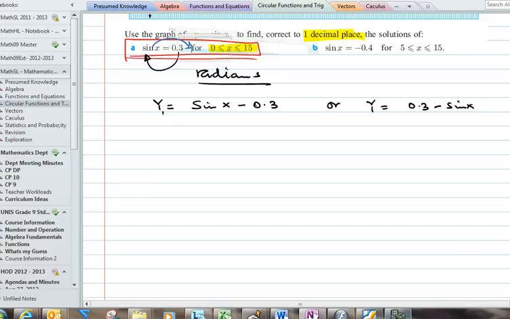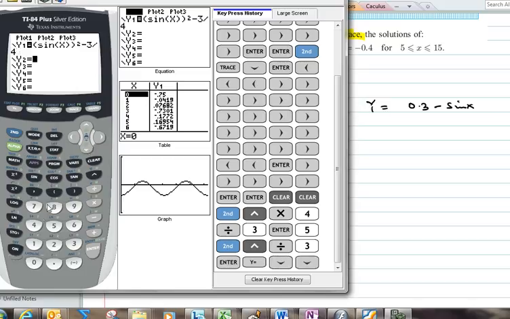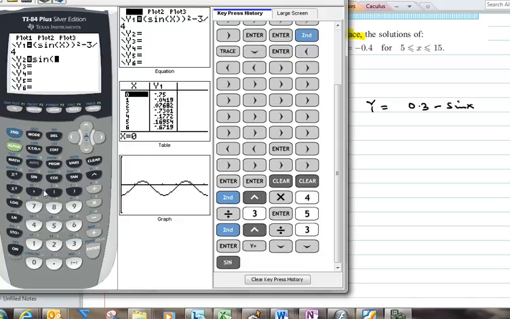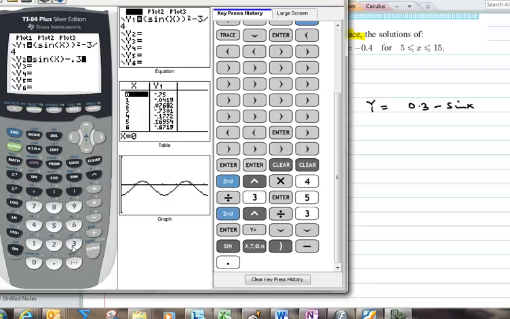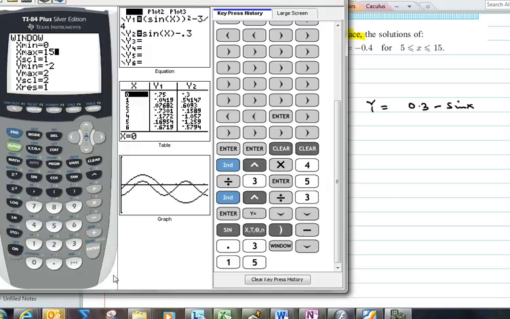So again, we will need to go to the GDC and go to the graph of y equals. I can leave my other graph there and draw the graph of y equals sine x, close that bracket, and then minus 0.3. And the other thing I need to take care of is the domain. The domain this time is from 0 not to 2 pi but 0 to 15.